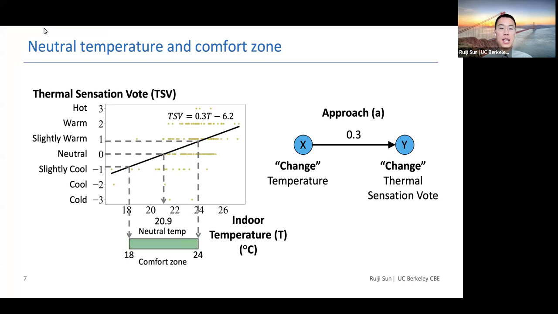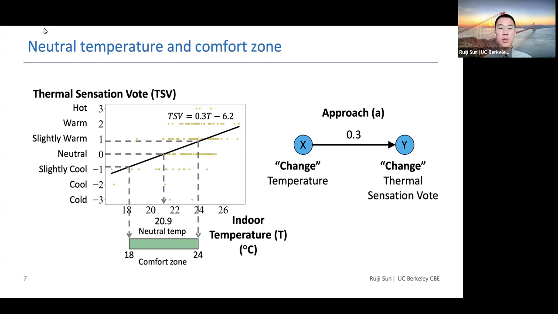In many thermal comfort studies, people collect two kinds of data. One is the indoor temperature measurement, and another is the occupant thermal sensation vote, TSV. -3 means cold, 0 means neutral, and +3 means hot. Then people conduct a linear regression using the default OLS method.